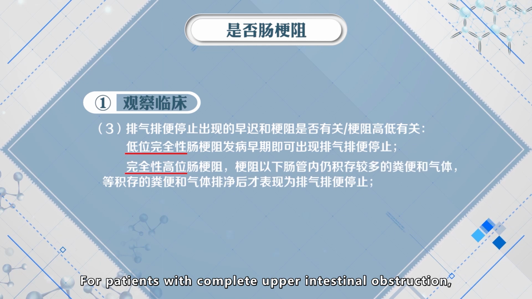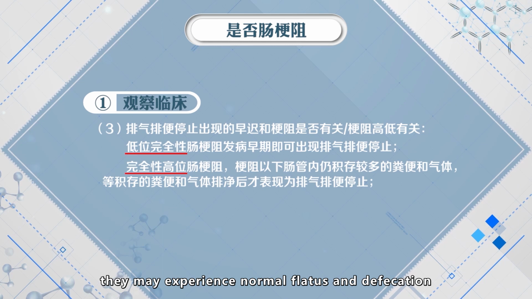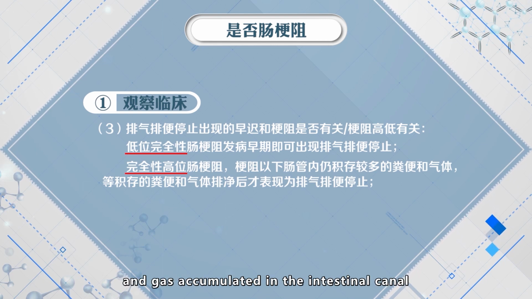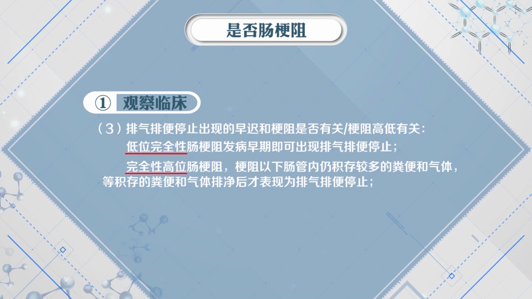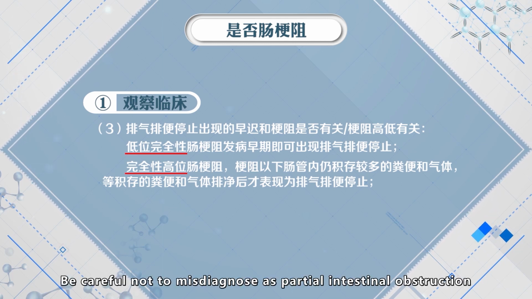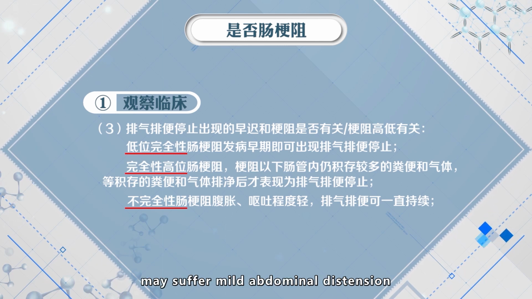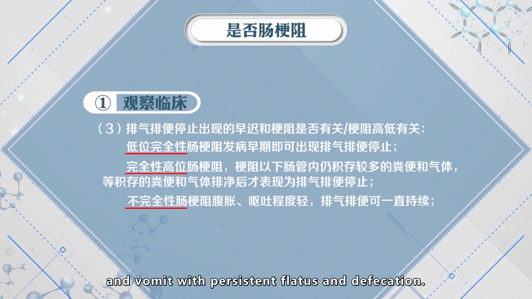For patients with complete upper intestinal obstruction, they may experience normal flatus and defecation until the exhaustion of the excrement and gas accumulated in the intestinal canal below the obstruction. Be careful not to misdiagnose or miss partial intestinal obstruction, as the patient may suffer mild abdominal distension and vomiting with persistent flatus and defecation.